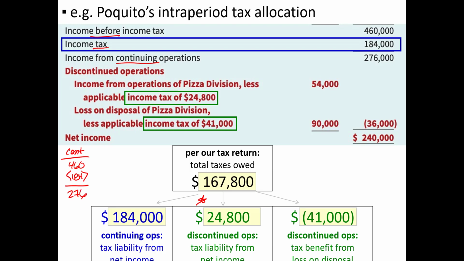Okay, but that's not the whole company. This is just the continuing portion of the company. The discontinued portion of the company is broken down between any sell-off of their assets, whether there's a gain or loss, and any operations income or loss.